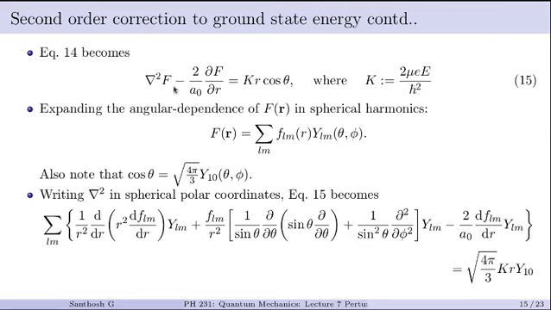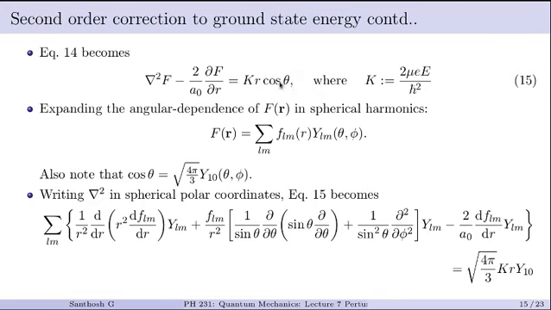We can write our function f of r as a linear combination of the spherical harmonics with coefficients depending upon the radial coordinate r. Okay, so I have written f of r as a linear combination of all spherical harmonics.